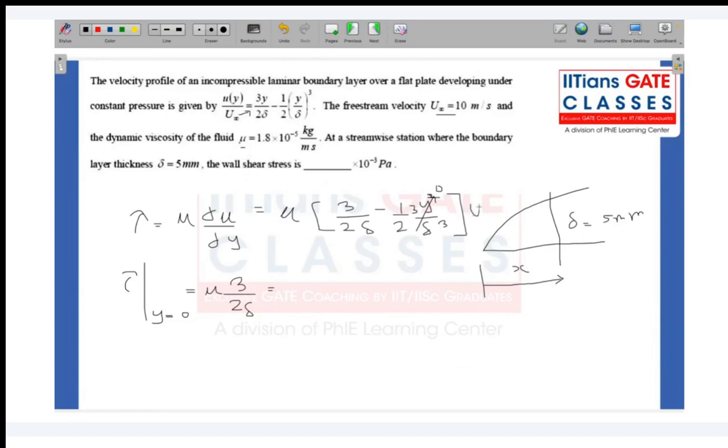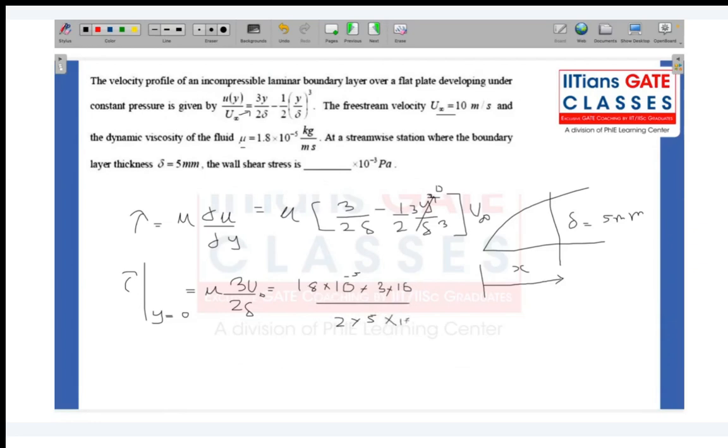So this into u infinity. If I substitute the values, so we have 1.8 into 10 power minus 5 into 3 into 10 divided by 2 into 5 mm, converting it to meters, 5 into 10 power minus 3.